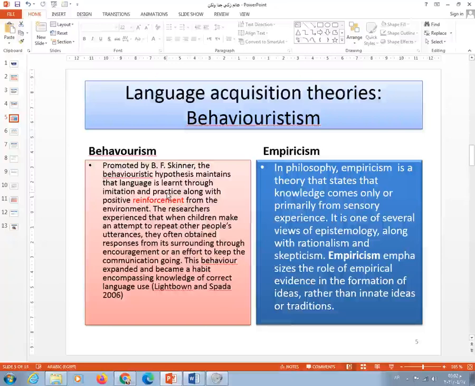Language acquisition is looked upon as a form of human behavior governed by laws of conditioning, and the child imitates the frequent forms of the language around them, and receives some sort of encouragement or reinforcement.